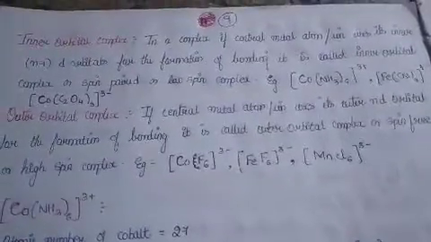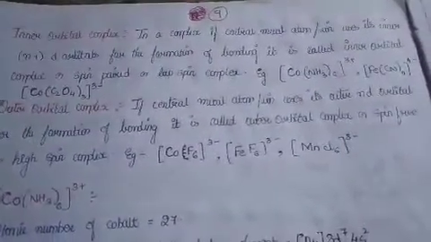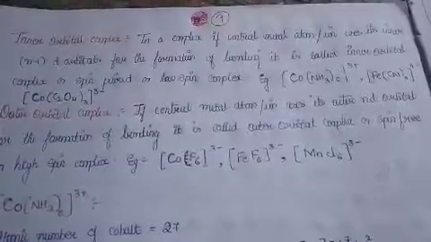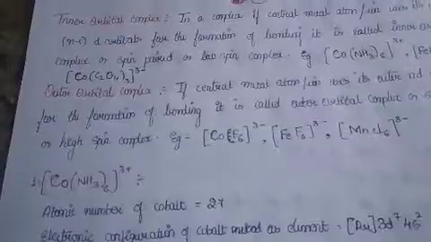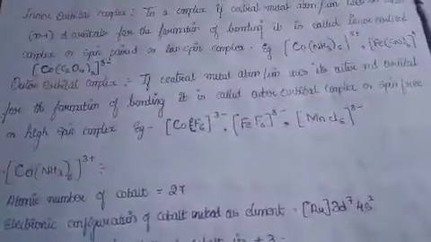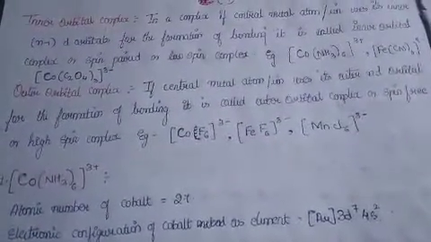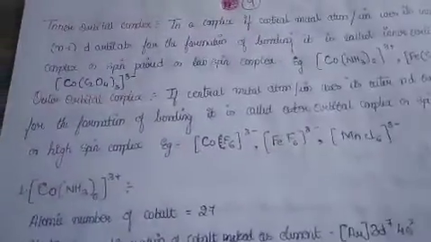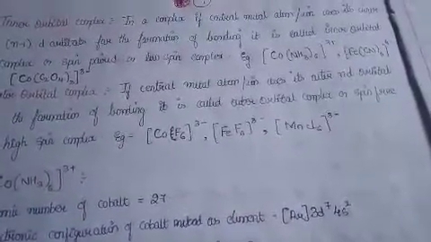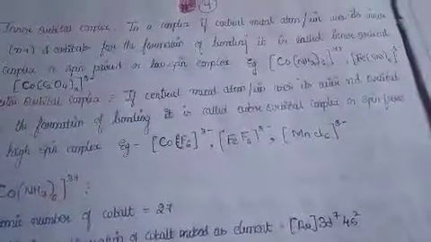So just remember that an inner orbital complex uses its inner (n-1)d orbitals for complex formation, whereas an outer orbital complex utilizes its outer nd orbitals for the formation of bonding. That is called an outer orbital complex, or spin free, or high spin complex.